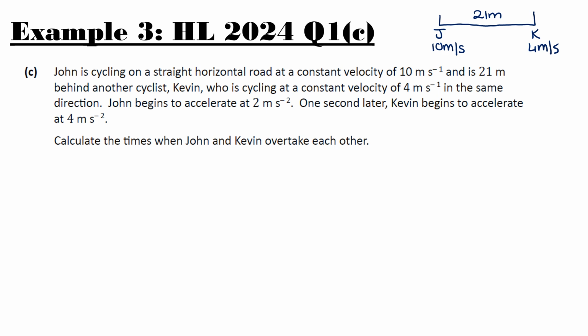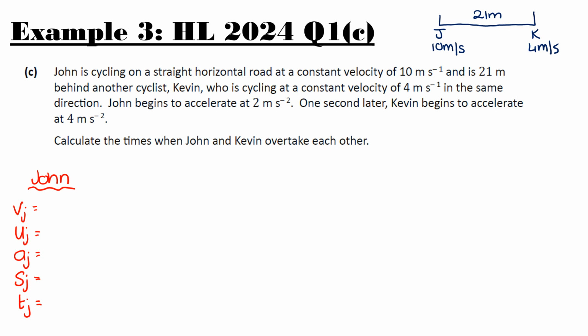So John begins to accelerate at 2 meters per second squared. This is the start of our question. Okay, so this is where time begins for us. So let's just make a v, u, a, s, t table for John.